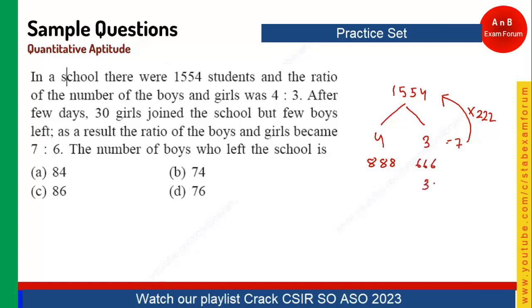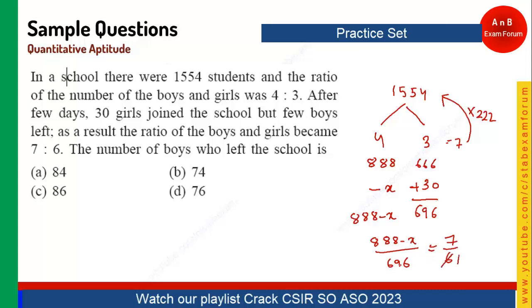After that what happened? 30 girls have joined, so add 30, and some boys left, let's say X. So the girls total becomes 696 and the boys become 888 minus X, and the ratio of this is 7:6. So 888 minus X divided by 696 equals 7/6.